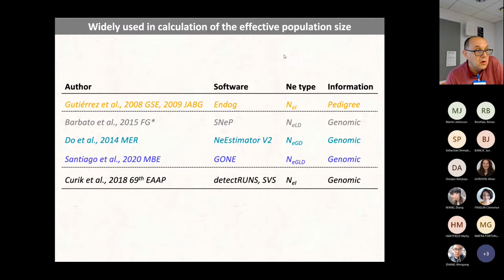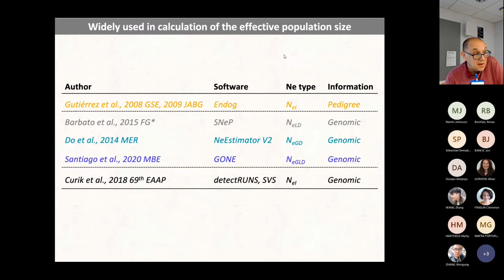People dealing with wild animals, like livestock people, were using quite a lot of SNP data, but people dealing with wild animals were using NE estimators. This I would call the effective population size that relates to gametic disequilibrium, because it does not take into account markers that are linked.